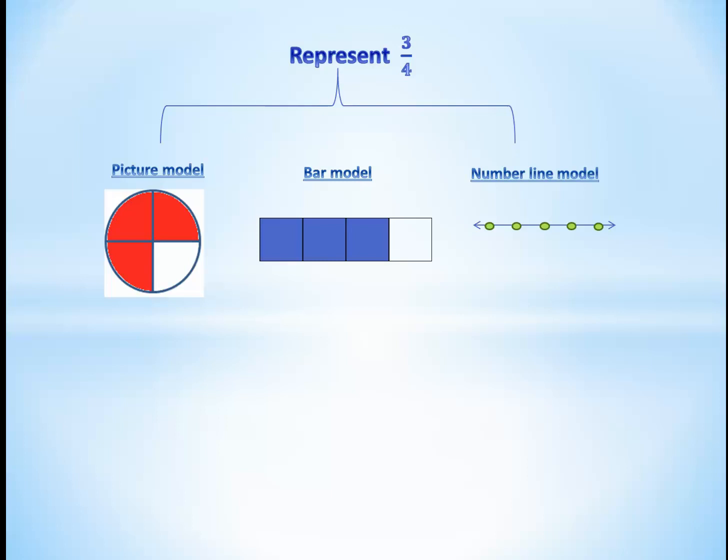So we have any fraction between 0 and 1. Here we have 0, and 1/4, 2/4, 3/4, and 1, which is 4/4. And 0 here is also 0/4. So from here to here, 3/4.